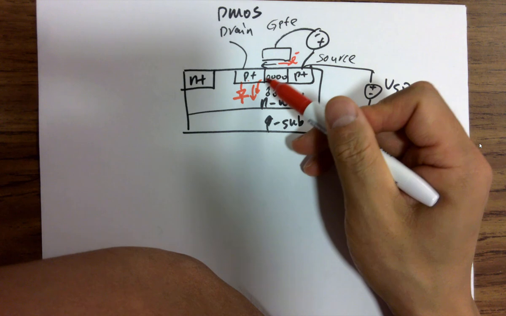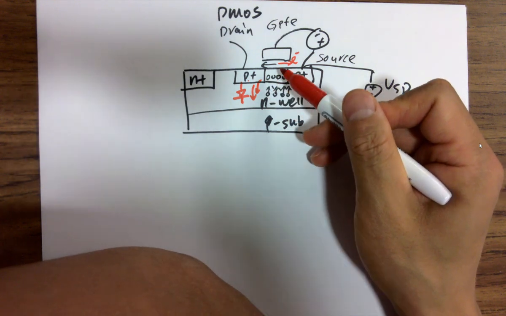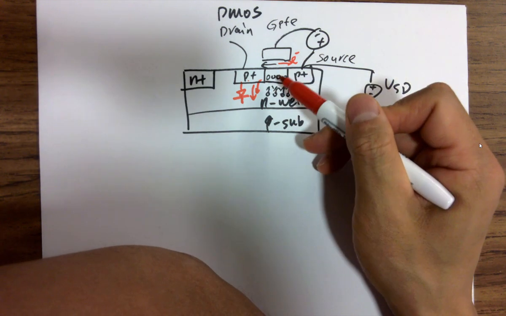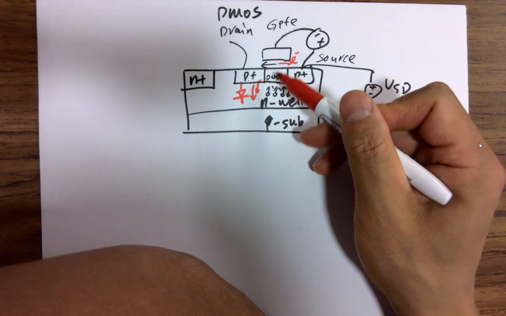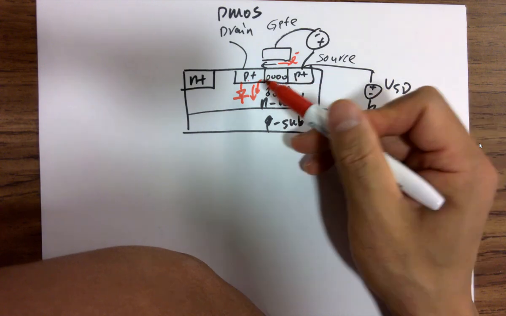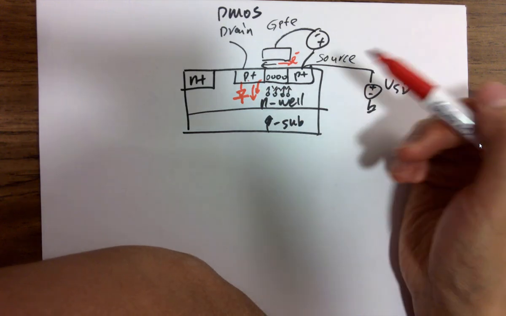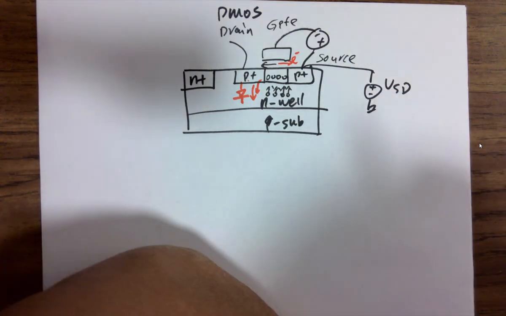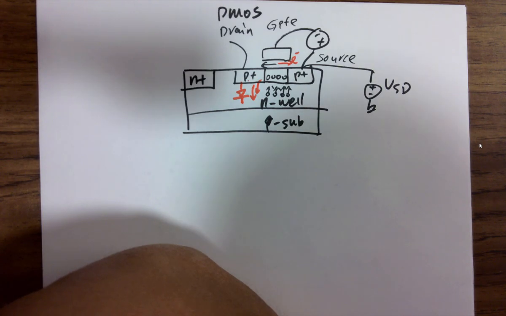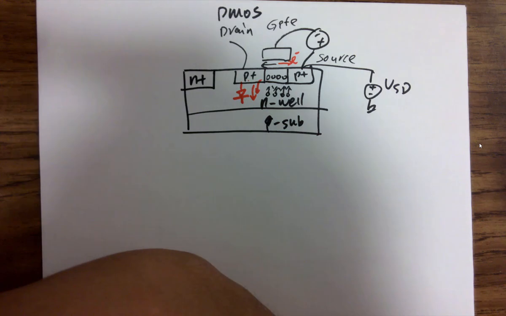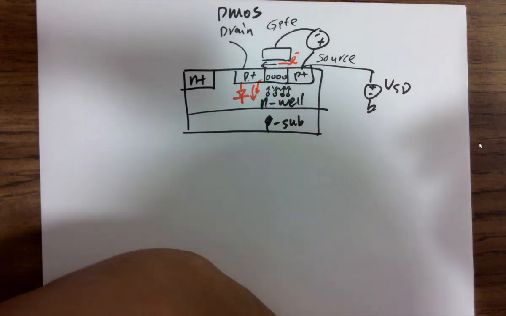So you are losing holes, the channel becomes thinner, so you need a more negative voltage to keep up a decent thickness of holes to form a good channel and keep it on. So in that case, you never want to forward bias it.